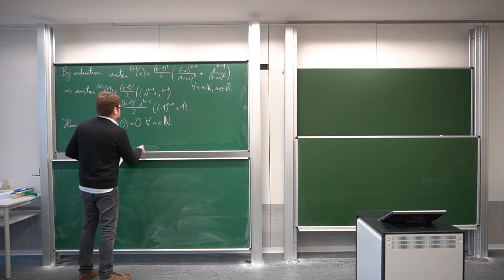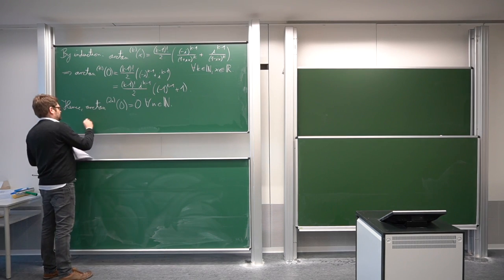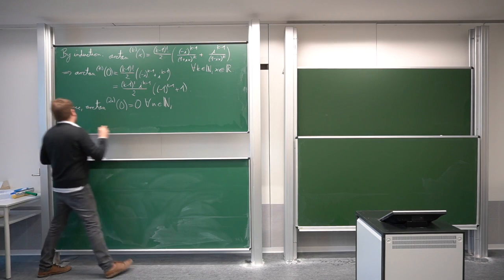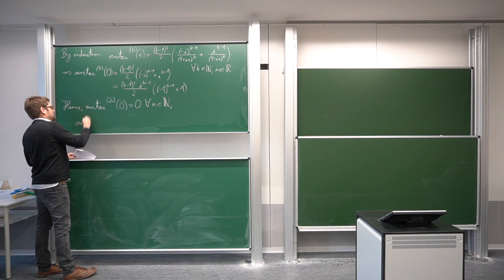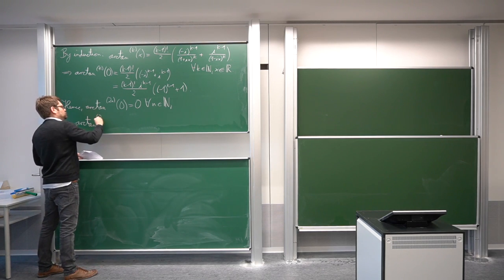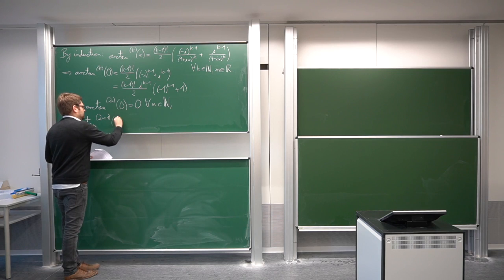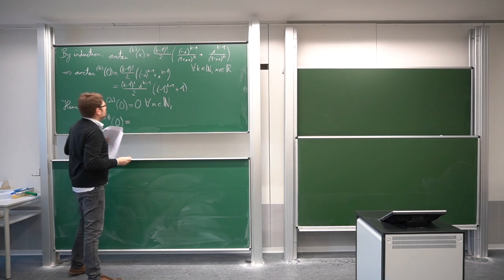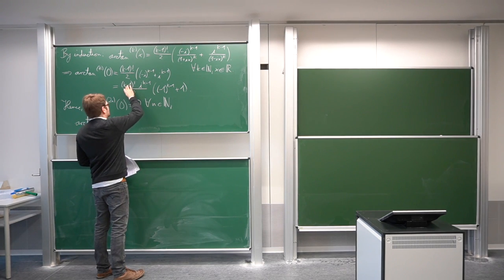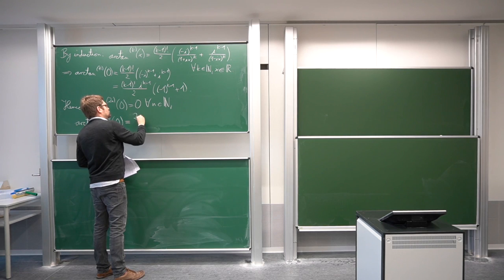Okay, now for the odd derivatives, we compute arctan to the 2n plus 1 in 0. So let's take a look. We get (2n plus 1 minus 1) factorial, so this is (2n) factorial.